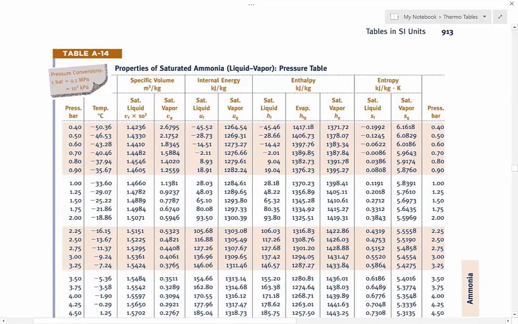First of all, make sure it's ammonia because you have tables for different substances. We have tables for just water, we have tables just for ammonia. So make sure you choose the one for ammonia. Next, the first column you can see is pressure. Second column is temperature. What kind of temperature is it? It is saturation temperature. Do you remember the definition of saturation temperature?